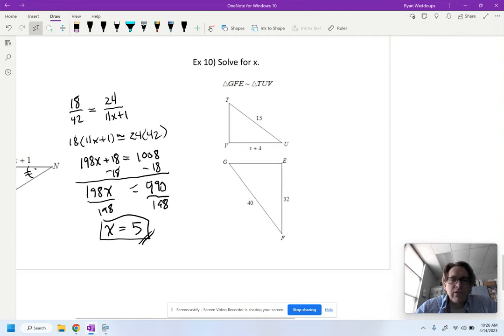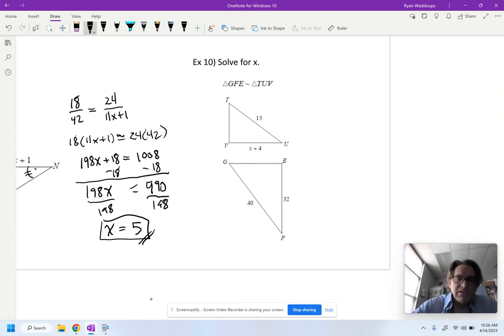All right, solve for x in this triangle. We've got triangle GFE is similar to triangle TUV. So I'm going to compare TU with GF. TU is 15 compared with GF, which is 40.